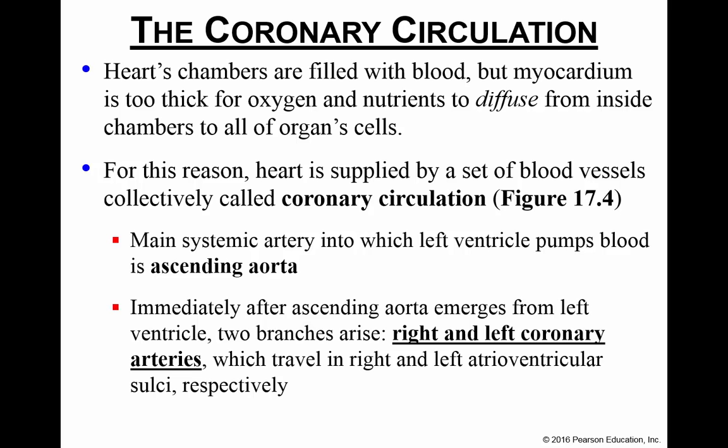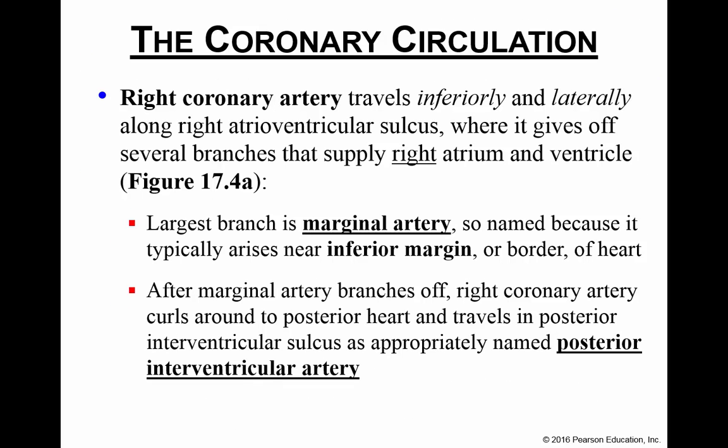And they travel through that groove, the right and left atrioventricular sulci. That's the groove that's between the atria and the ventricle on the outside of the heart. So the right and left coronary arteries travel through there.